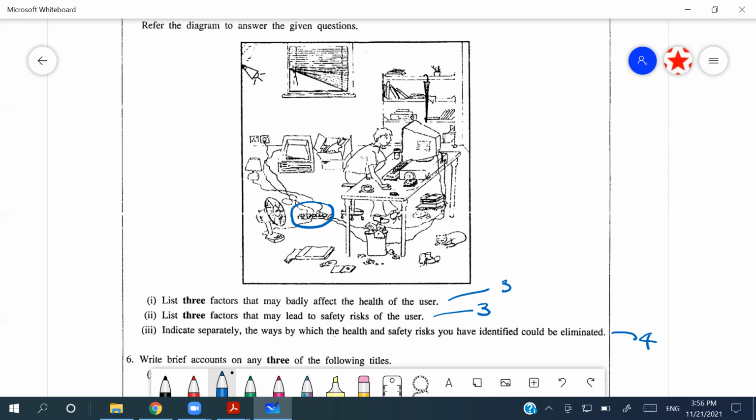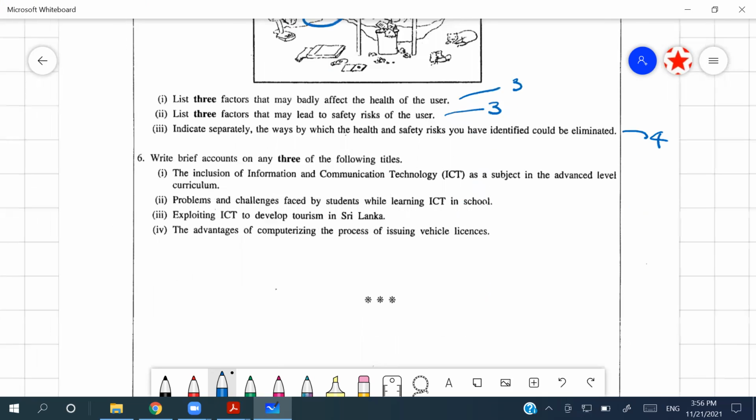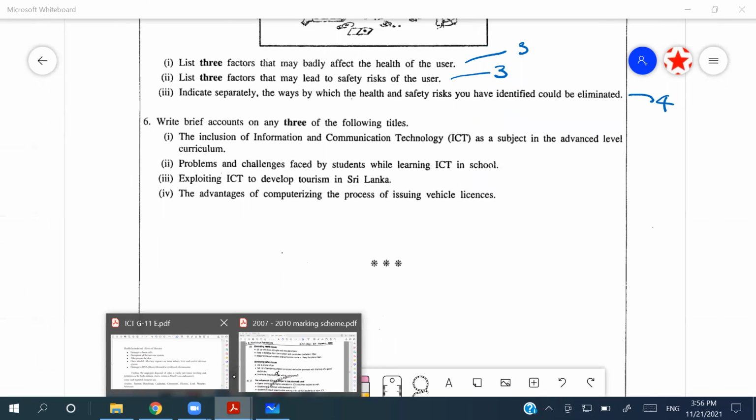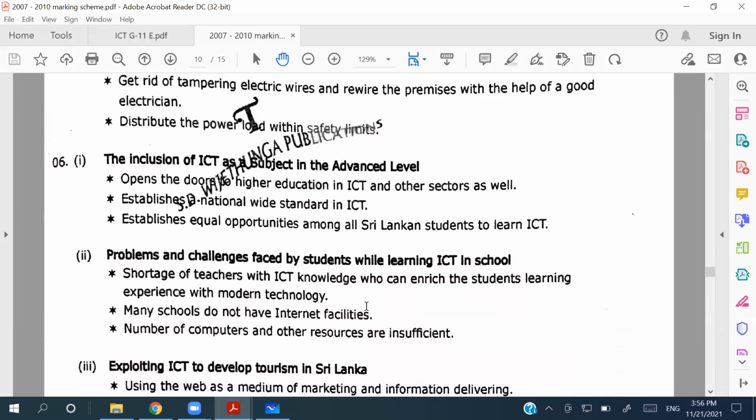Okay, so it brings us to the very last question. Again, you have to tell the things briefly, right? The inclusion of information and communication technology as a subject in the advanced level curriculum. When you are describing it, talk about these kinds of facts, right?